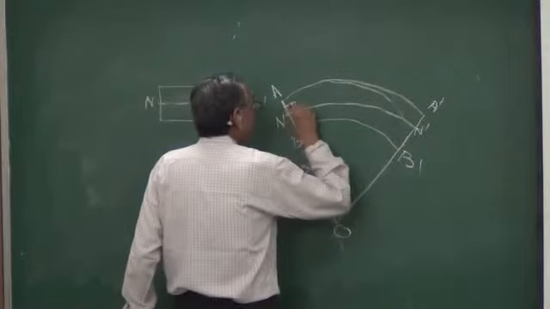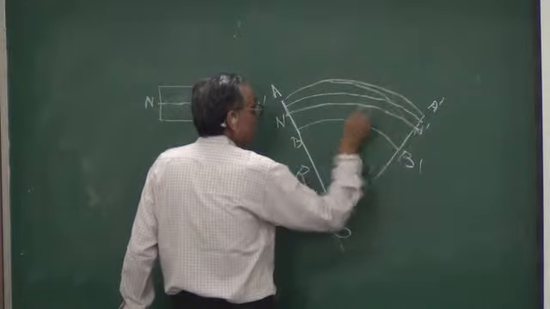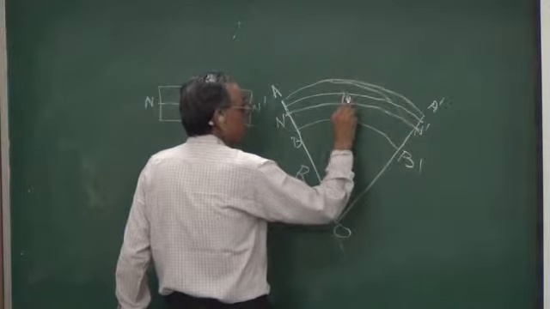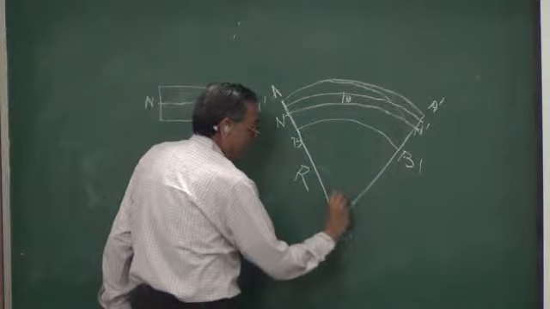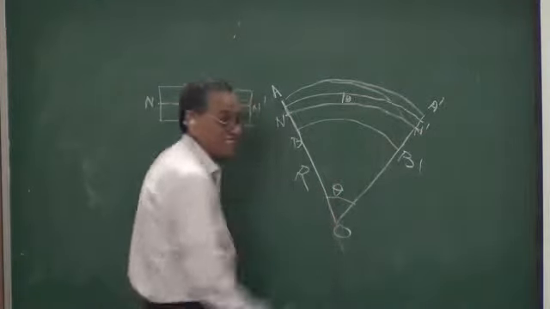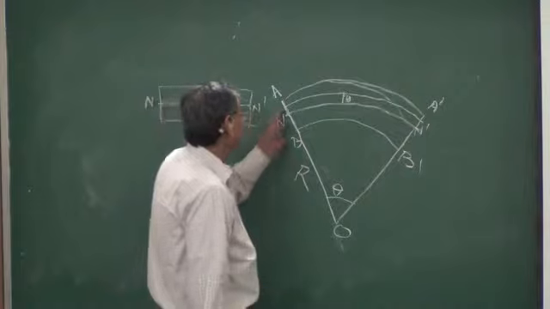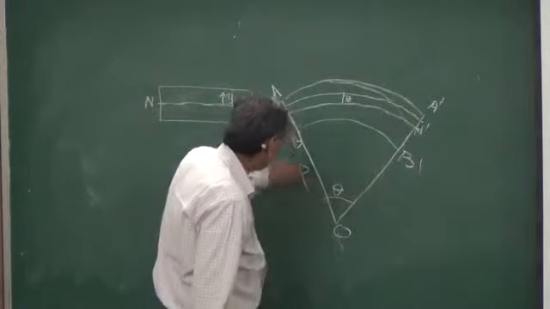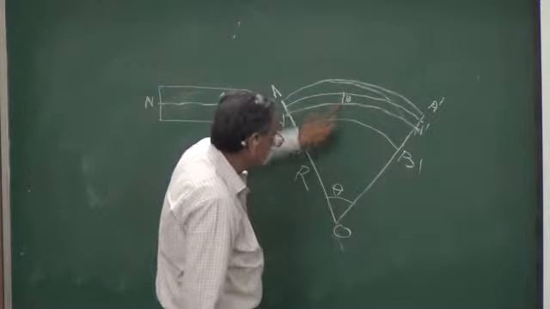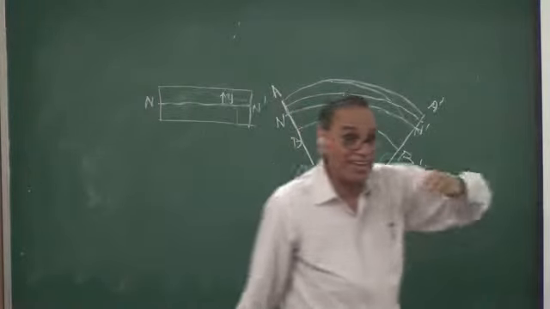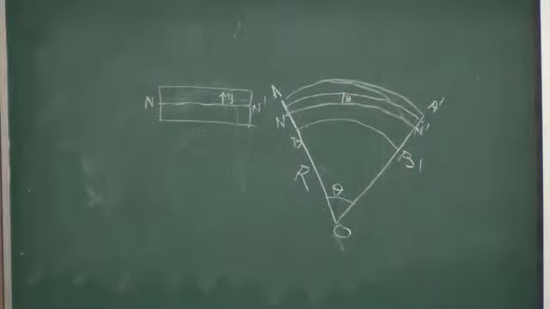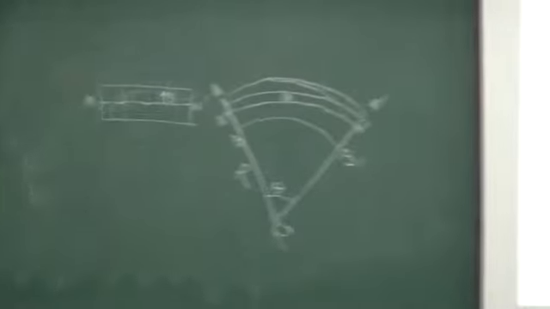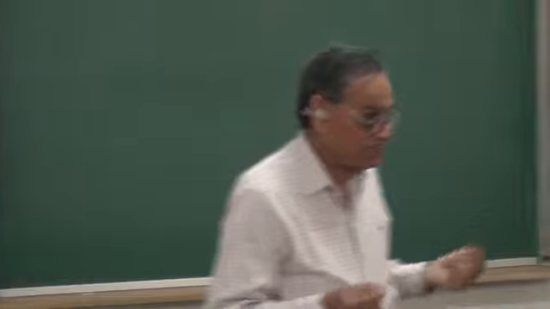That means take a line like this. This height is y. So if N dash subtends an angle theta, then the length of this line will be (r plus y) into theta. So a line at a height y above the neutral plane will have a length (r plus y) into theta, where r is the radius of curvature of the neutral line.